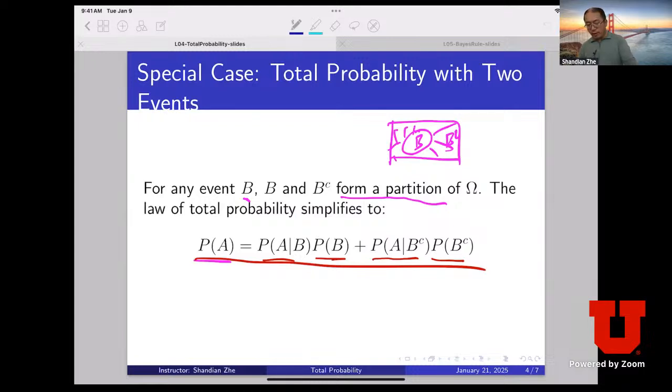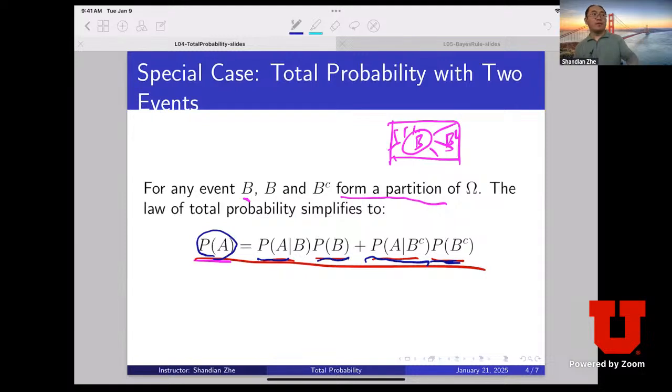Then we can decompose the probability of any event A as probability of B times the conditional probability of A given B, plus the probability of B complement times the conditional probability of A given B complement.